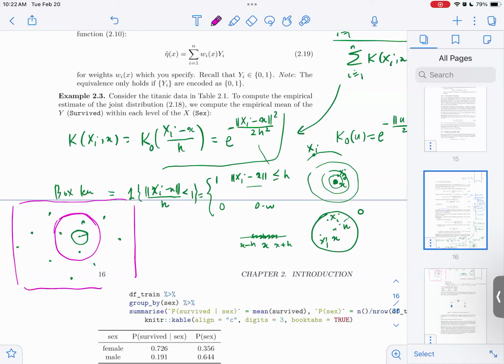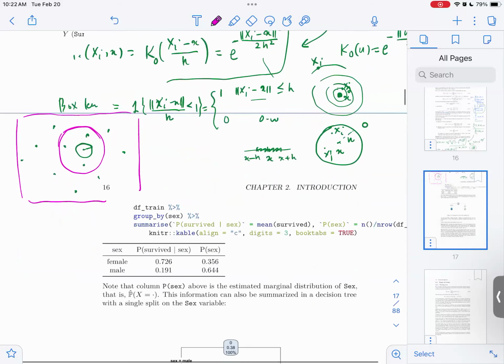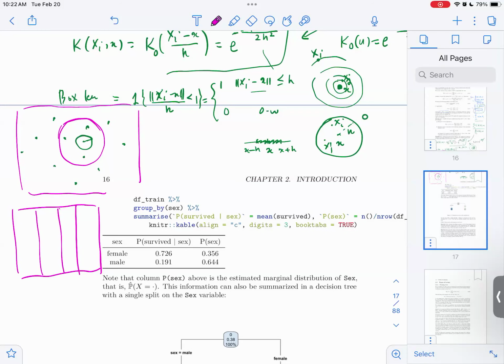Okay, so that's the general idea. The partitioning estimator is similar, but what it does is it partitions the space. Let's say I partition the space, and you would see how many data points or which data points lie within a particular cell, and you also determine which cell your little x is in.